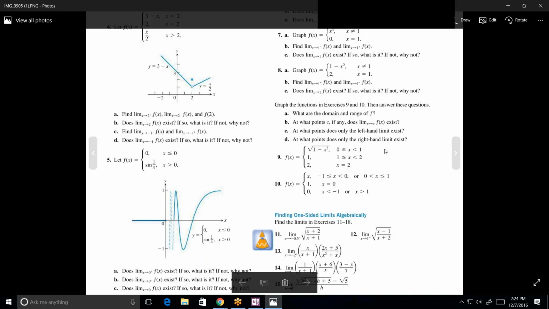Okay? Now let's figure out the range. In order to figure out the range, we have to figure out all of the values that it might be when x is between 0 and 1, also the values that it might be when x is between 1 and 2, and all of the values that it might be when x is equal to 2.